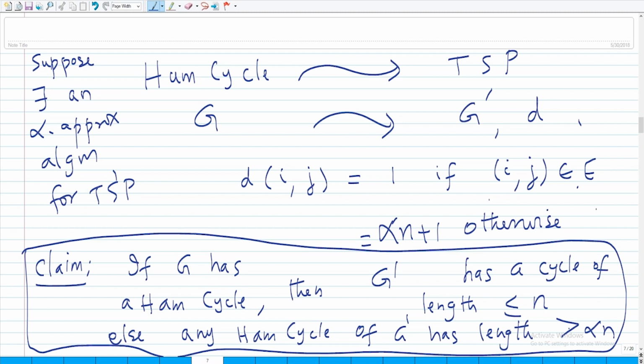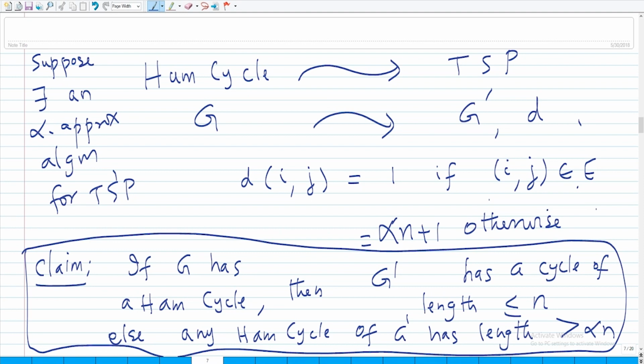Okay. So, now you want to know whether G has a Hamiltonian cycle or not, that is our claim, right. So, now I translate this and give it to my approximation algorithm, right. I do not have an exact algorithm. Now, the approximation algorithm, if G has a Hamiltonian cycle, will produce a cycle of length at most alpha times n, because it is an alpha approximation algorithm.